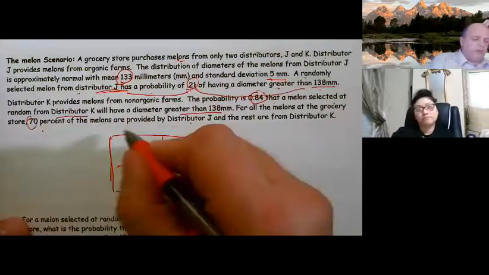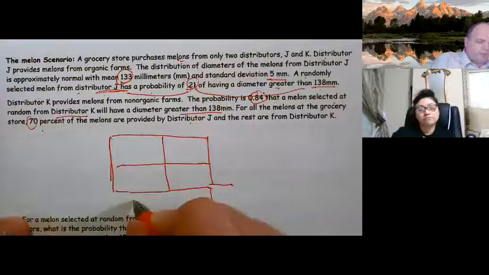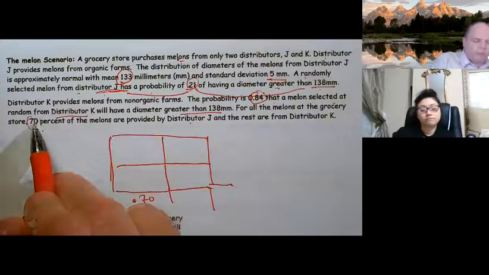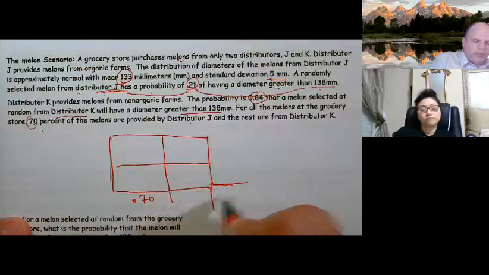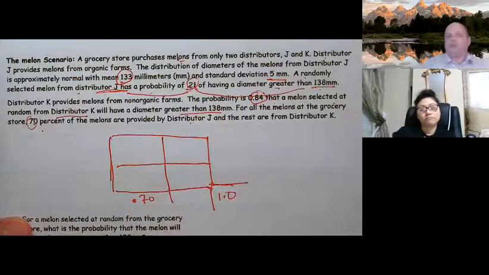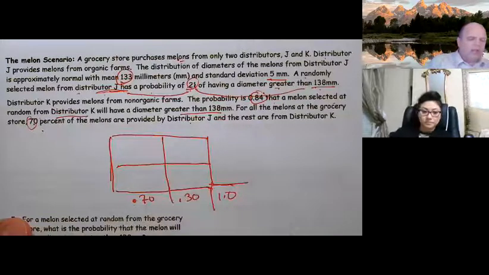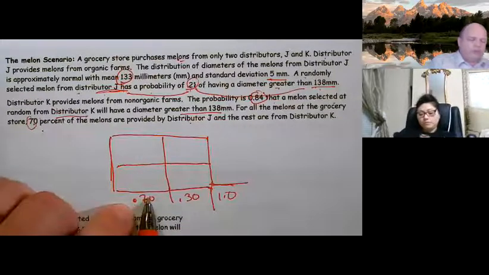This is a distributor, so this tells me this 70% goes right here because it's associated with one variable. This number right here is the most difficult number of all. It's always one whole. So 1 minus 0.7 is 0.30. Now, this was associated with distributor J.